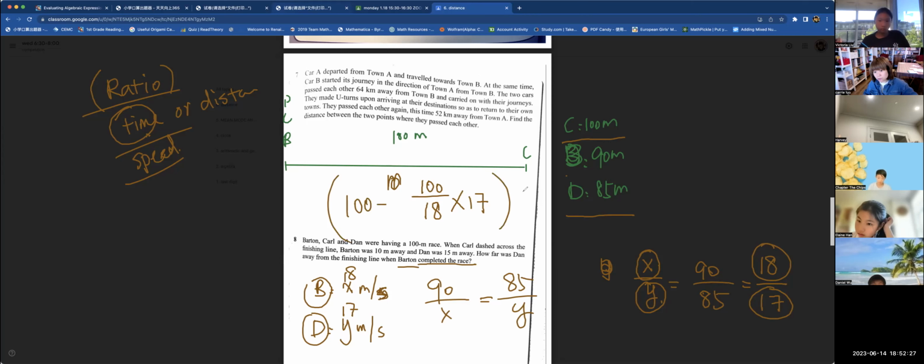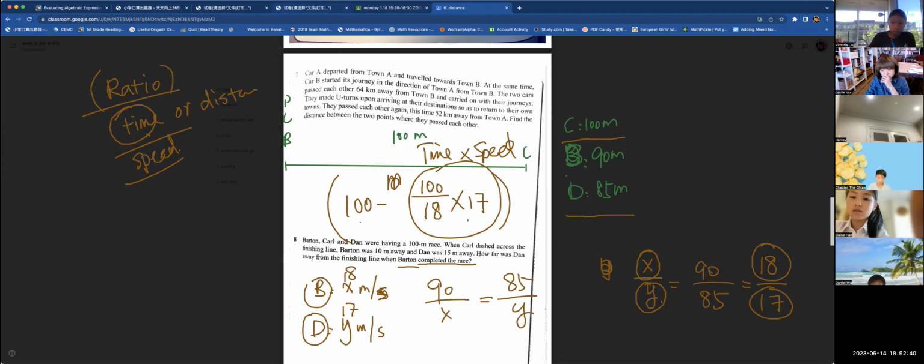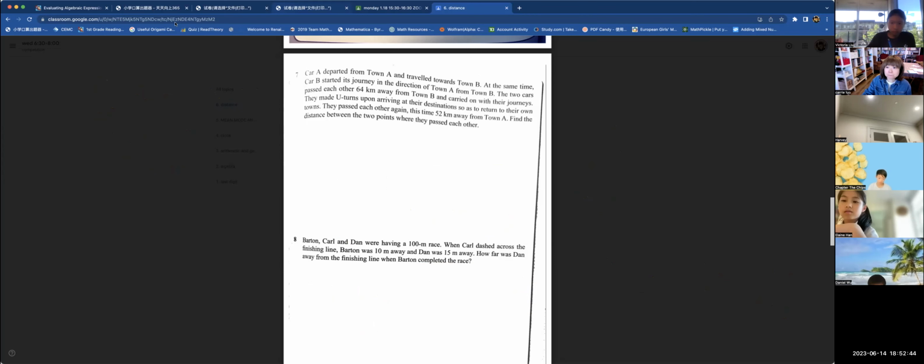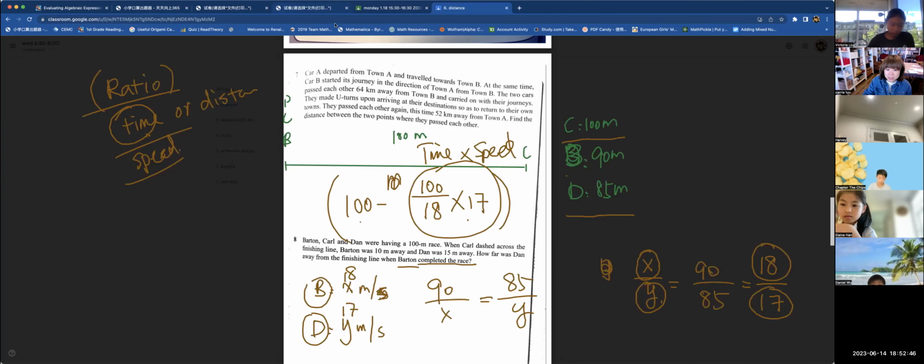So that is the answer for this question. Understand? This is time. This is speed. Time times speed equals distance. So 100 minus that one is how far Dan is from the finish. Get it, everybody? This question should be easier to understand, right?